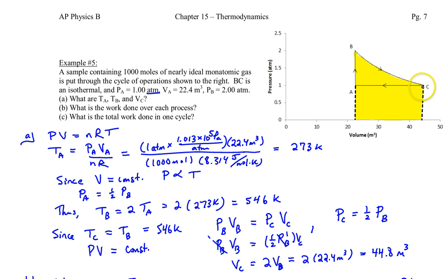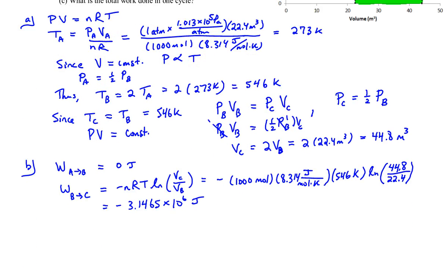Now we're going to calculate the work done from C to A, which is the area under the curve from here all the way down to the axis. And there's the area, so really we're finding the area of this rectangle. So to find that area, the work done from C to A is simply negative the pressure at that location multiplied by the change in volume.